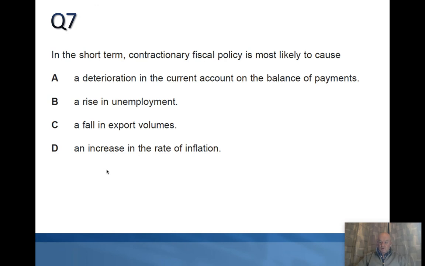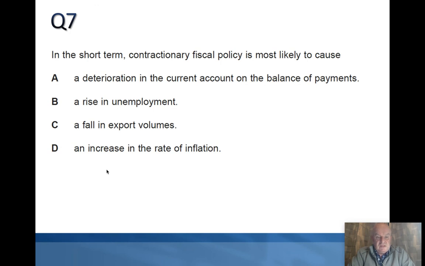And then if we take a look at question number 7, and then we'll stop. In the short term, contractionary fiscal policy is most likely to cause what? Contractionary fiscal policy is basically going to reduce the amount of spending in the economy.